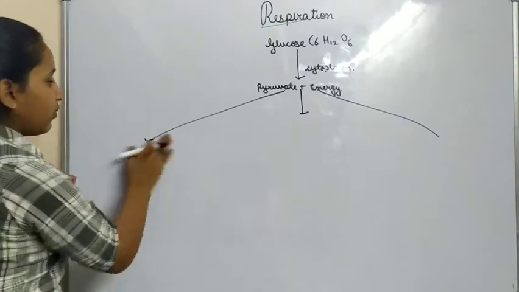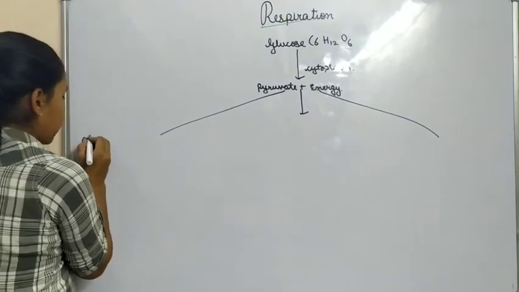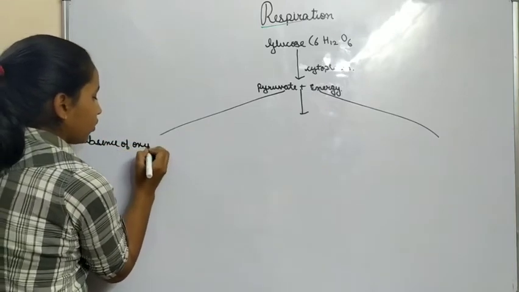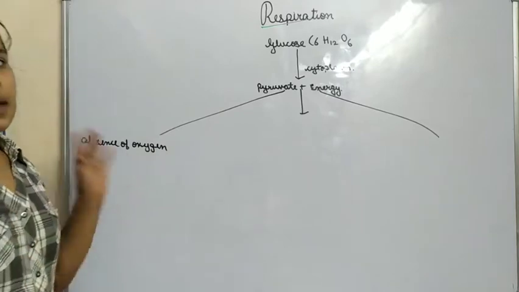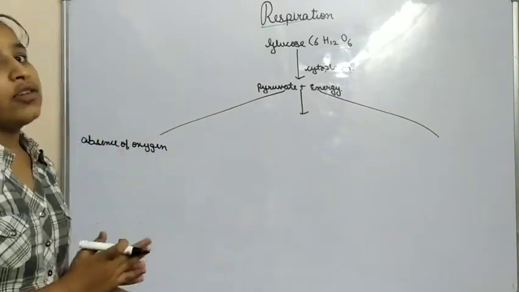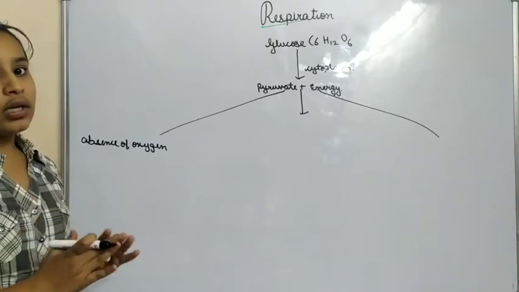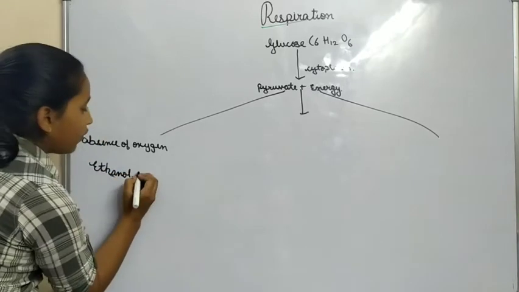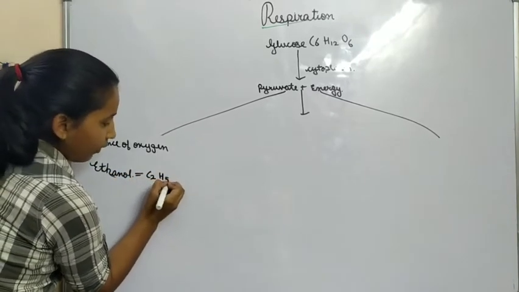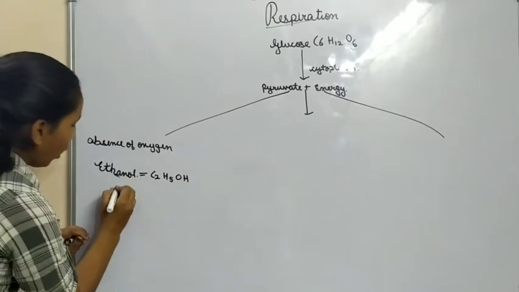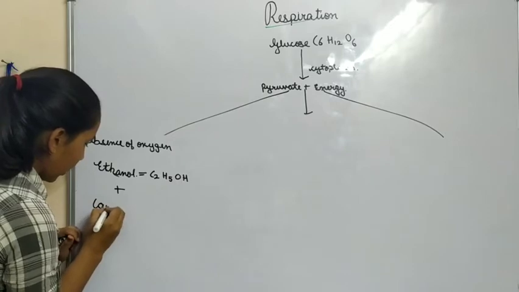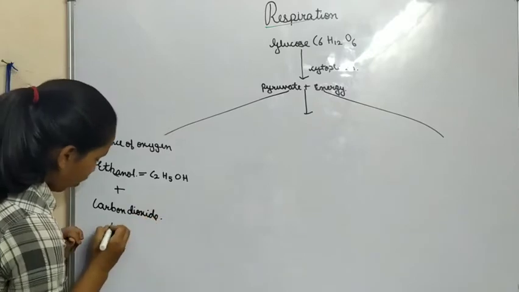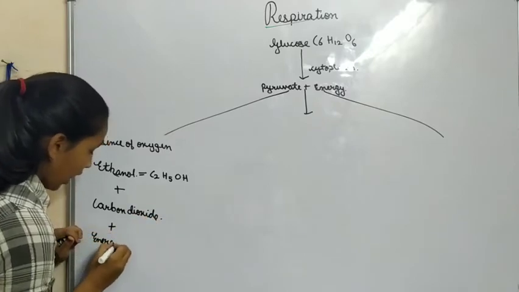First, in the absence of oxygen, it will break down into ethanol, which is C2H5OH, plus carbon dioxide plus energy.